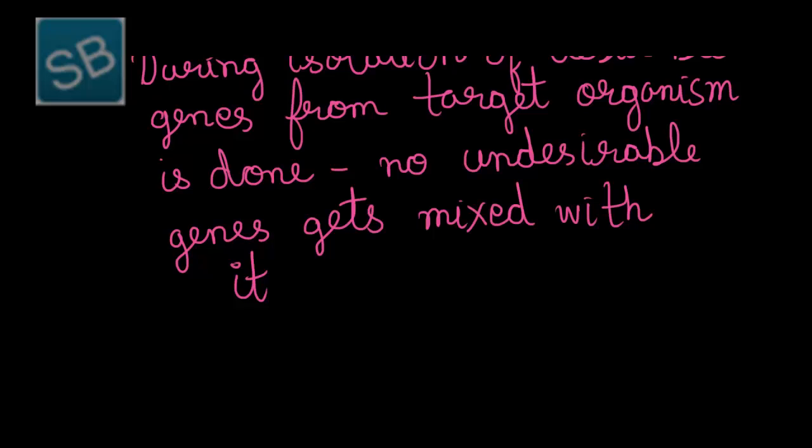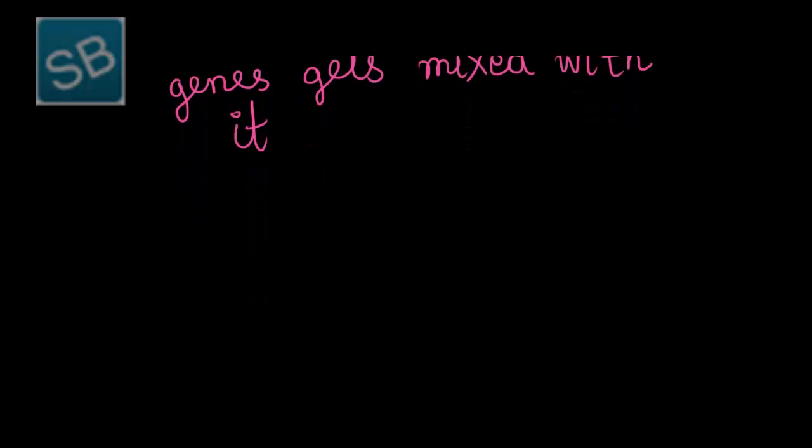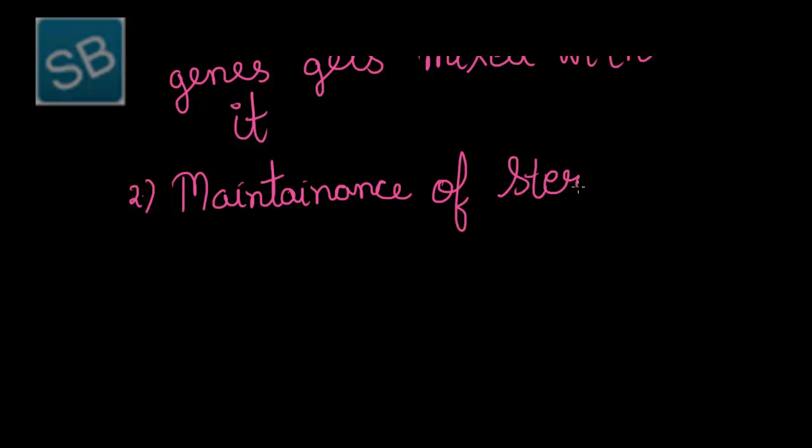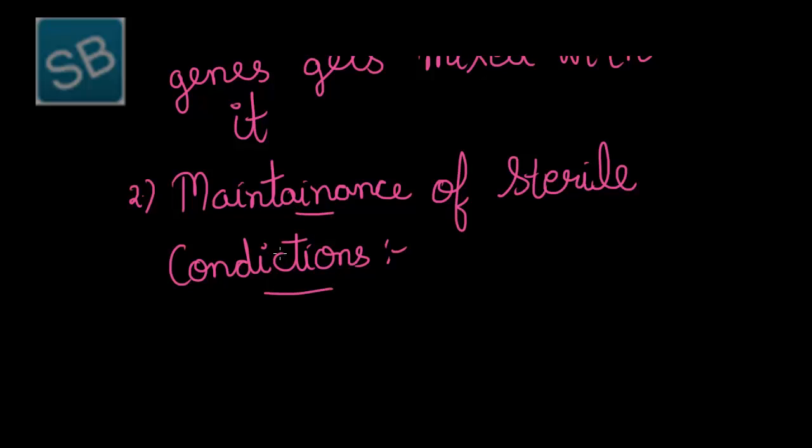Now let us understand the second principle, that is maintenance of sterile conditions. It is very essential that if such genetic engineering techniques are performed, then the conditions under which these techniques are performed should be sterile and proper. Depending on the process and the organisms involved, the sterile condition is constituted accordingly.